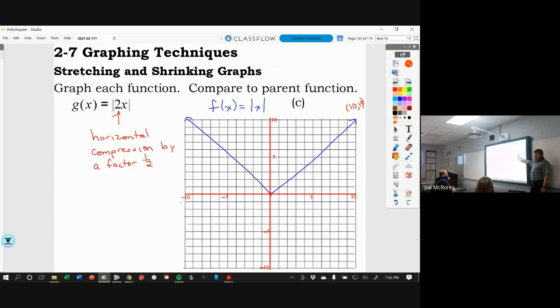The x value is going to be multiplied by 1/2. Half of 10 is 5, and what's going to happen to the y value of 10? Stays the same. So this point here is actually going to move to here, again because the x value was multiplied by 1/2.